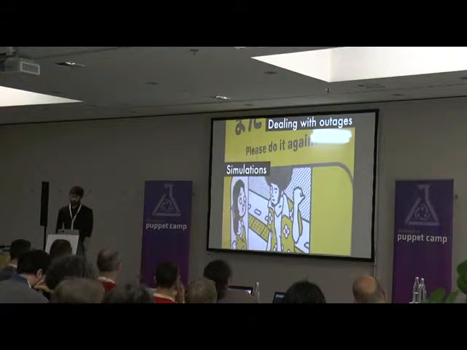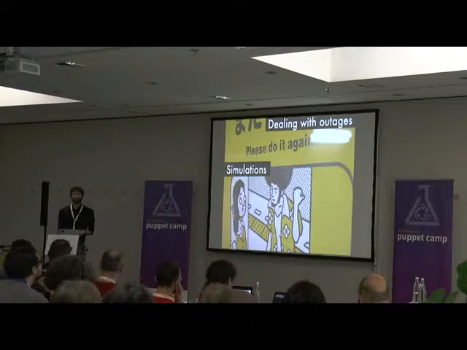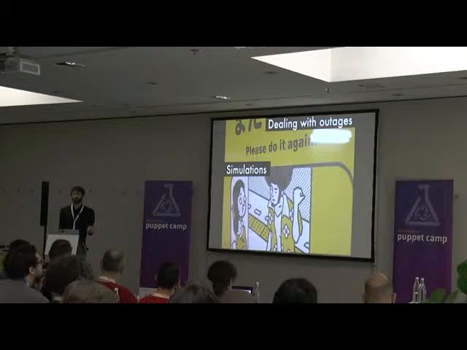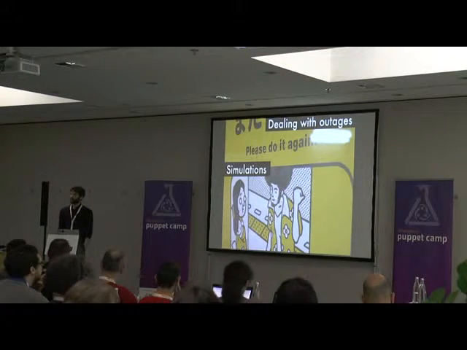And where Puppet comes in is when you're simulating things, because in a failover situation in the real world, there's going to be a lot of confusion. You will need to make sure you've got everything documented. And the only way you can actually test this is by simulating either a real outage by creating some kind of problem during working hours, or more likely simulating that by taking nodes out or having some kind of war games.